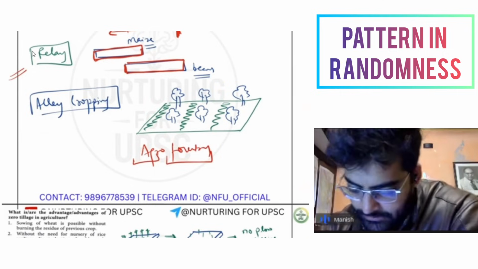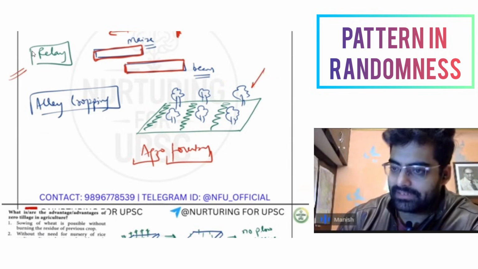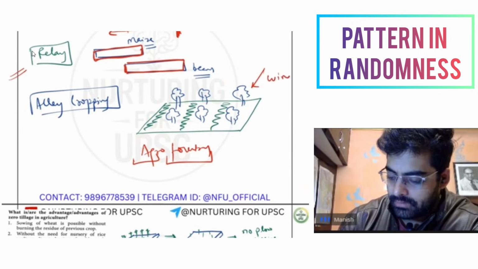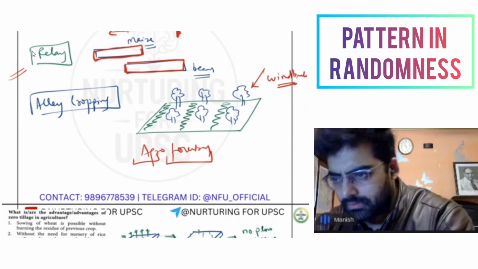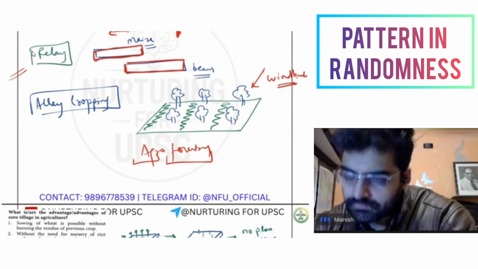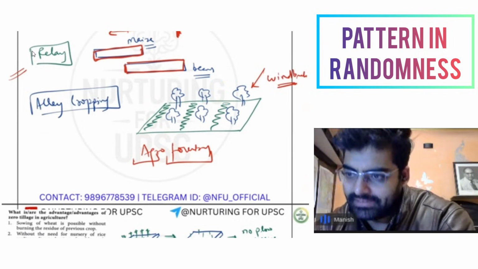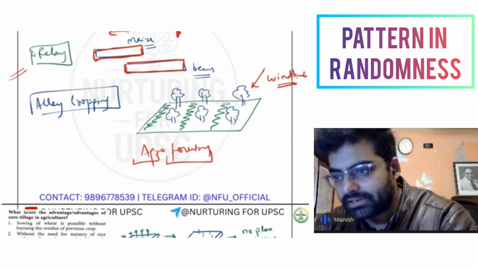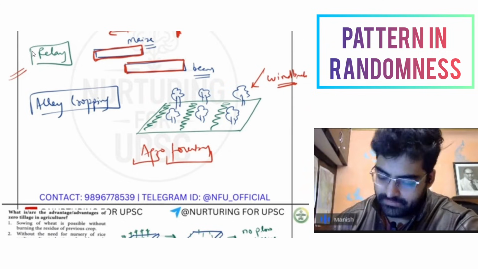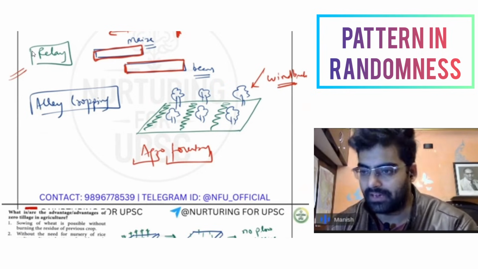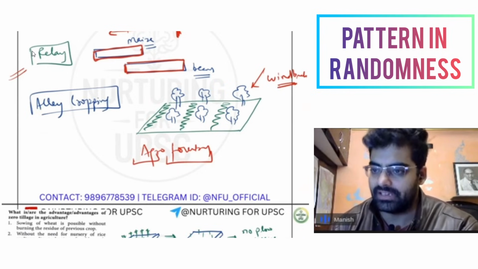Sometimes these trees act as windbreaks. They protect the crop from high velocity wind. Another advantage is that it is a supplementary income source for the farmer, right? So if the crop fails, the farmer can cut these trees and sell the timber. All right.